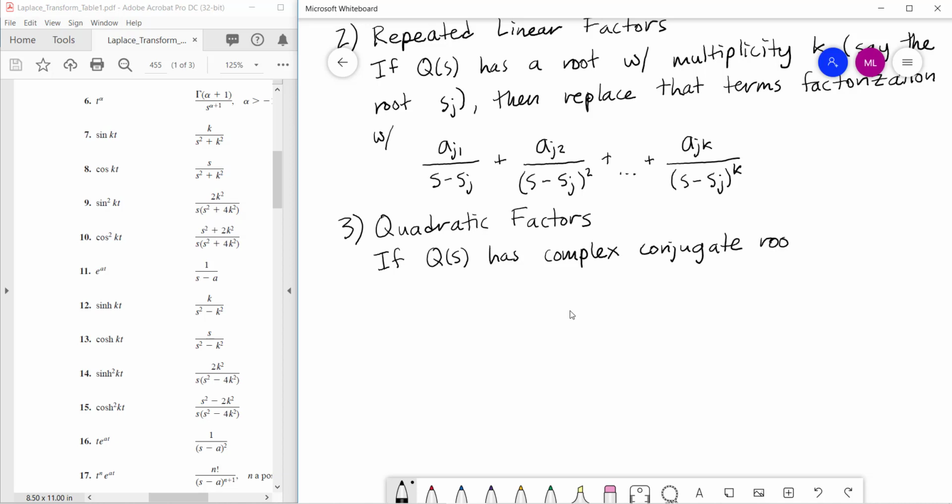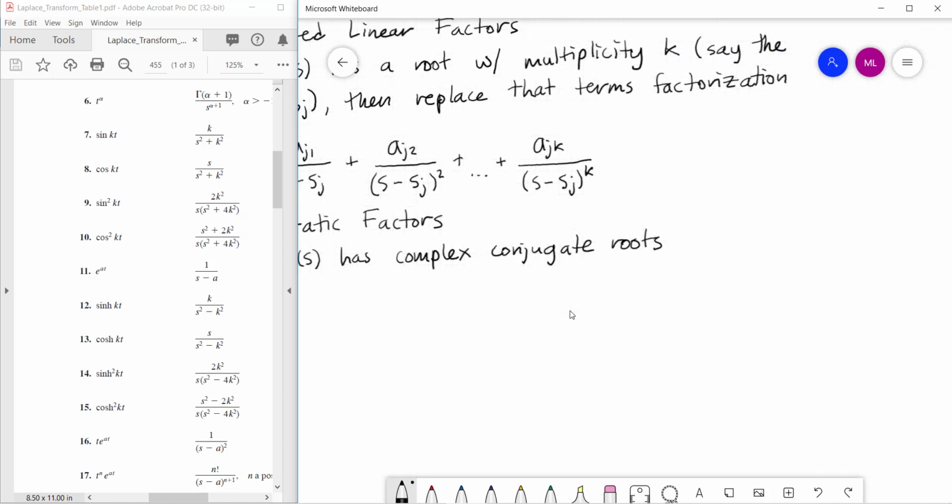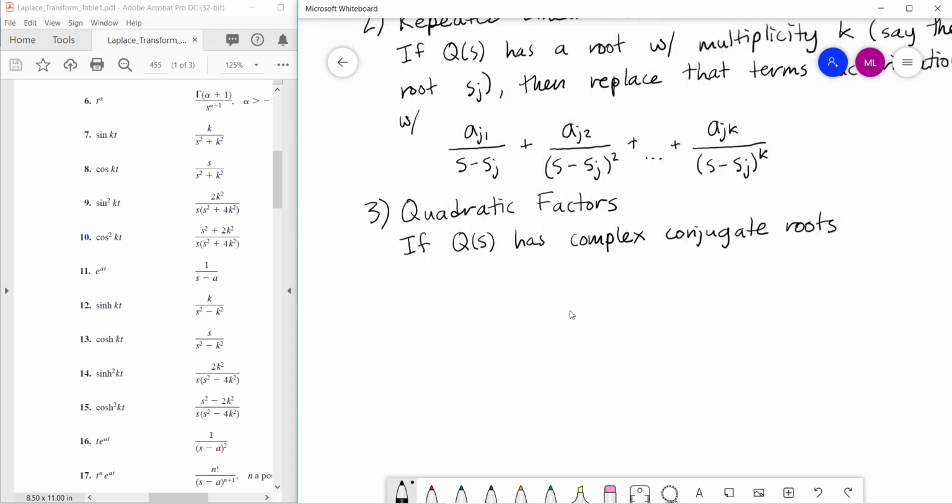If it has complex conjugate roots that look like, say, mu sub j plus i times eta sub j. It looks kind of like a v, but that's the Greek letter eta. So if that's one of the roots and the other one is mu sub j minus i times eta j. The point being, it's just a pair of complex numbers.